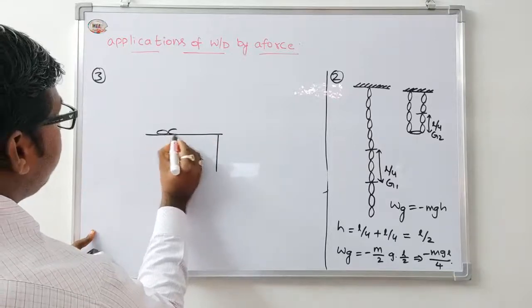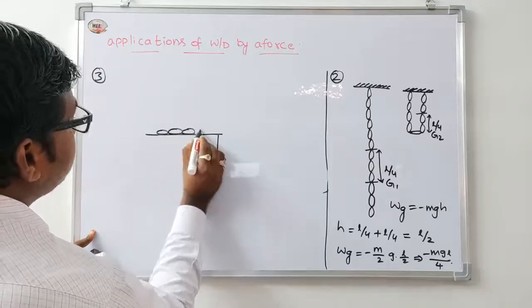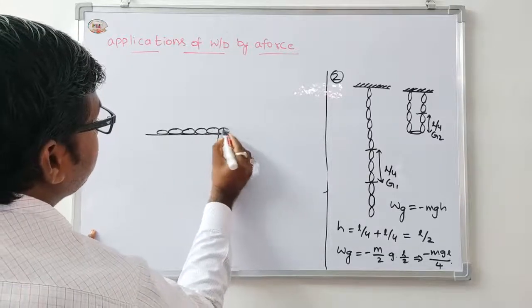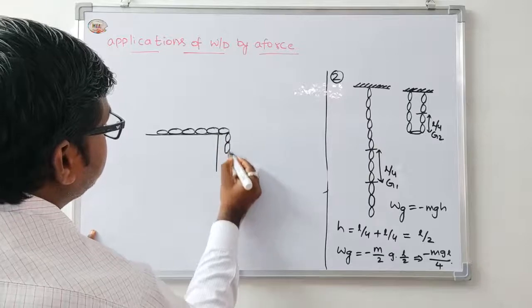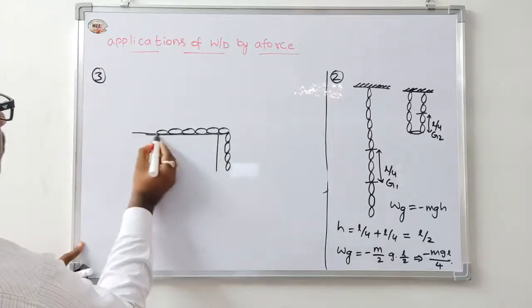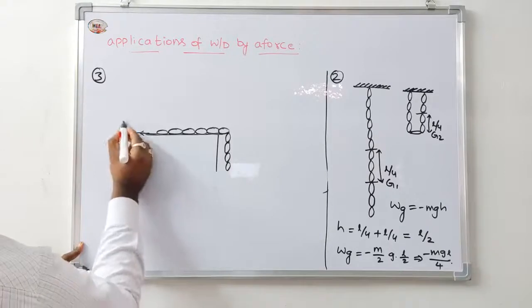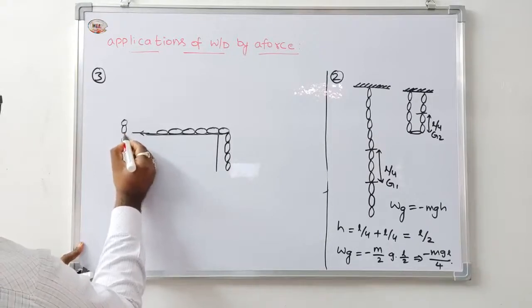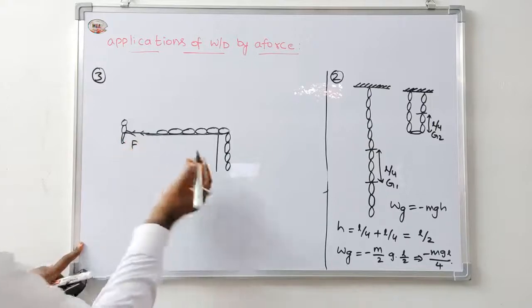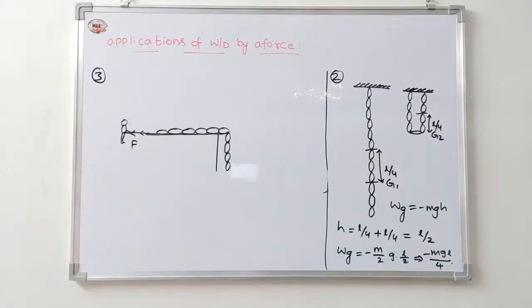This is the chain, and one person holds the chain with a pulling force acting in this direction.